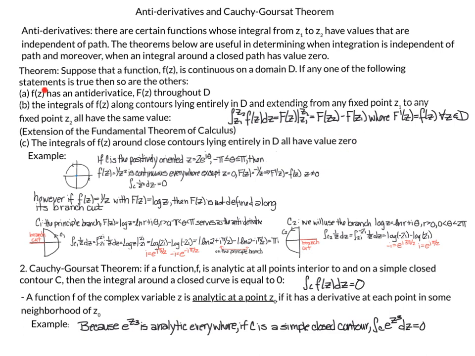So in other words, if f of z has an antiderivative throughout the domain, then if you have a closed contour, its value is going to be equal to 0. And you can see that when you plug into this formula, if z1 equals z2 because it's a closed contour, then your value is going to be 0. And one other note, when we say that if any one of the following statements is true, so are the other two, that means any one of these statements implies the other two.